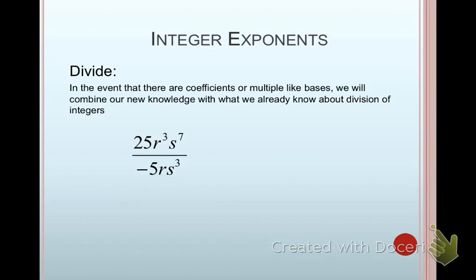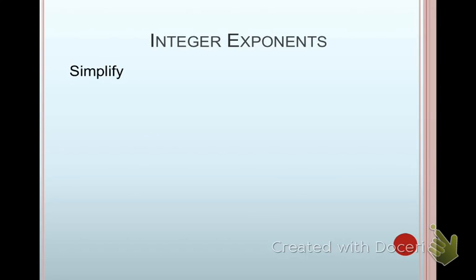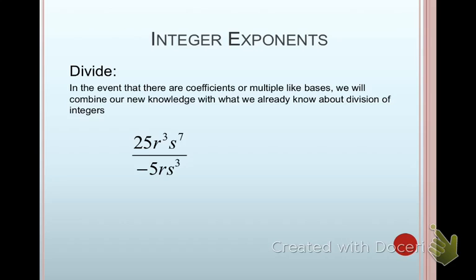Now, it's very similar, again, just like with multiplication when we have coefficients and different bases in the bottom. Use the knowledge that you already know about division of integers. 25 over negative 5 is negative 5. You're going to treat that just like it were a fraction, and it would give you negative 5.